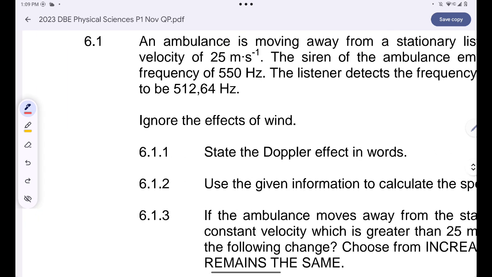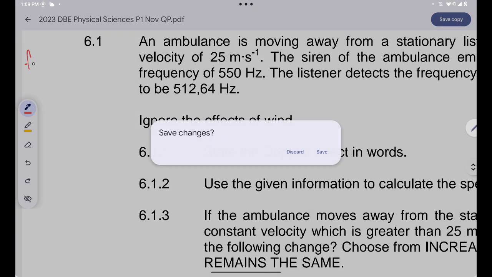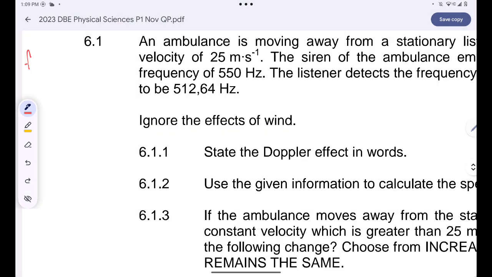Basically, they are telling us that the frequency of the source is 550 Hz, right? And then the frequency of the listener is 512.64 Hz. The velocity of the source is 25 meters per second, moving away from the listener. And then the velocity of the listener is simply 0 meters per second.